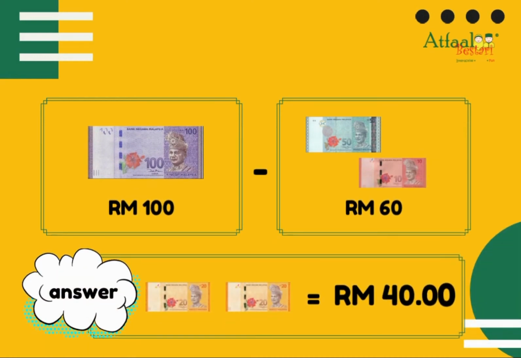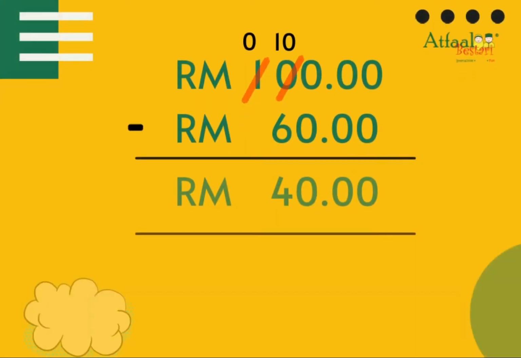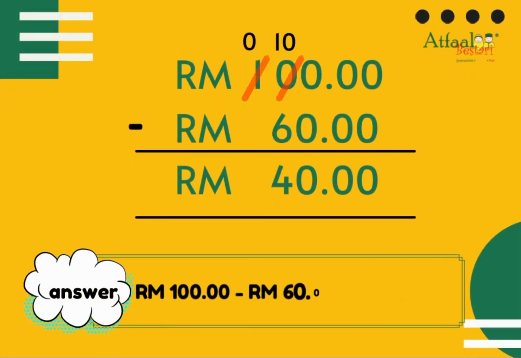Another example, 100 ringgit minus 60 ringgit equal 40 ringgit. In vertical method, 100 ringgit minus 60 ringgit, so that 0 minus 0 equal 0. 0 minus 0 equal 0.